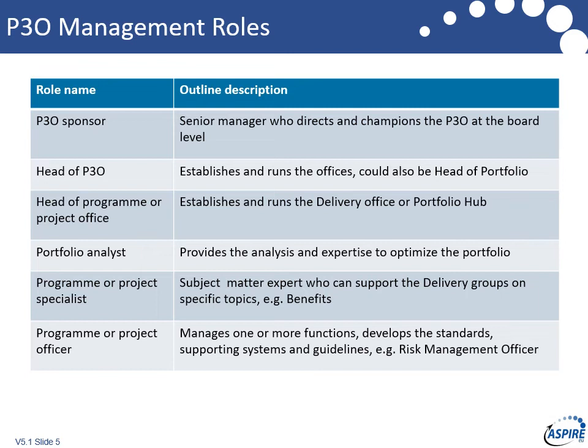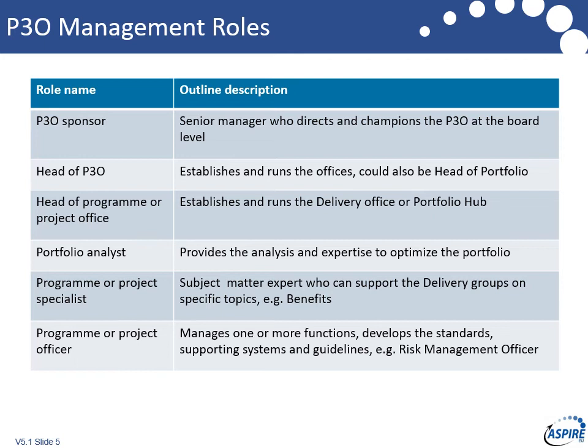Potentially something like benefits management could be in that category, planning, estimating, any one of those. And they're the guys who would help the delivery group. So if they were struggling with how to do a benefits map, the specialist might actually be able to help them, or might even help host a benefits mapping workshop or something.